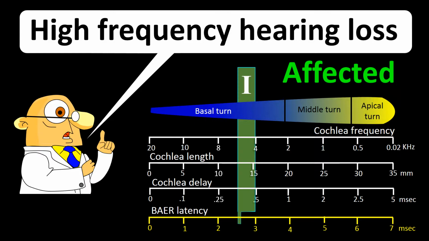And since the delay to wave 5 is minimal when a patient has high frequency hearing loss, the final result is a shorter 1 to 5 interpeak interval.